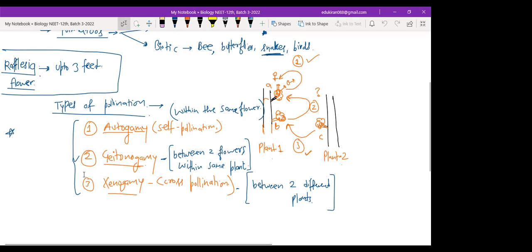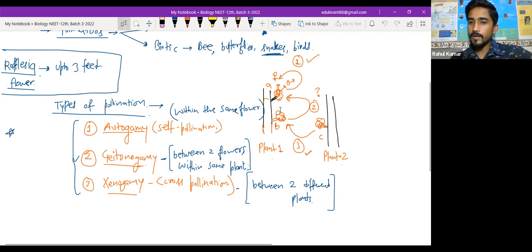I am saying geitonogamy is clear, right? Two flowers on the same plant, with transfer happening between them, right? So a plant which can show geitonogamy can also show autogamy, correct? Technically, because it has a bisexual flower, it can show autogamy as well.